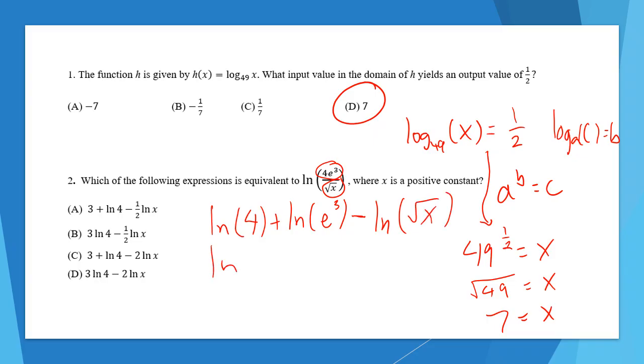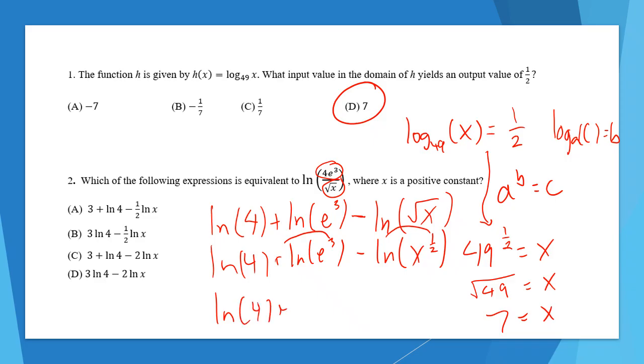Continuing this, we know that the square root is x to the 1/2, so let's rewrite that there. And now let's move any exponent out in front. So here, this is ln of 4 plus, and actually let's simplify this first. We can cancel out the ln and the e to just get 3 by itself, and then minus 1/2 ln x. And so this should match up with answer choice A, making A the correct answer for number 2.